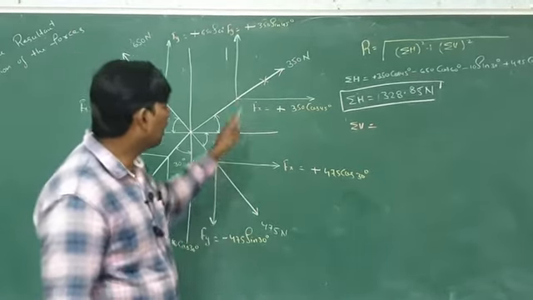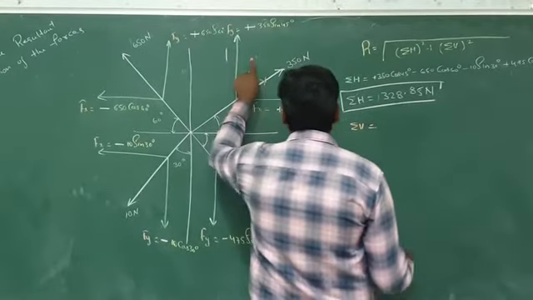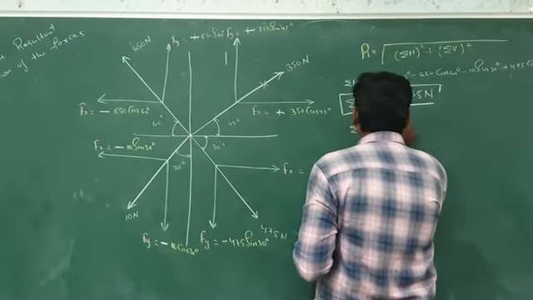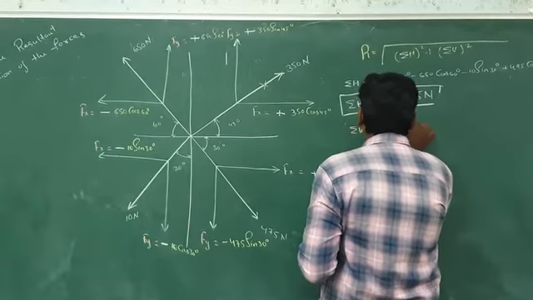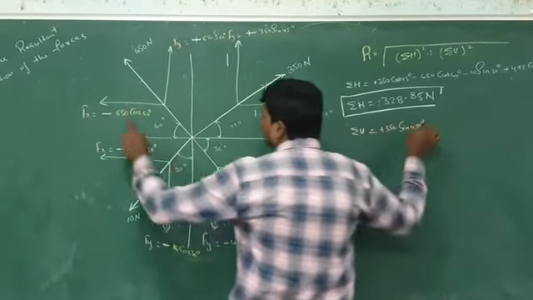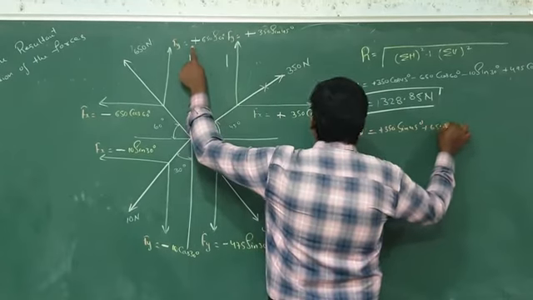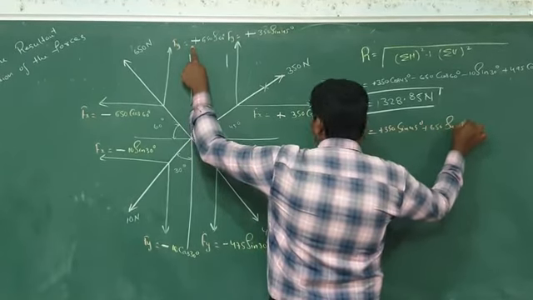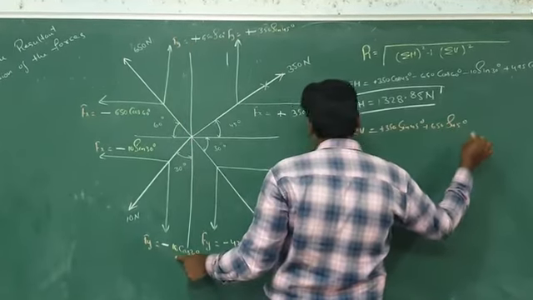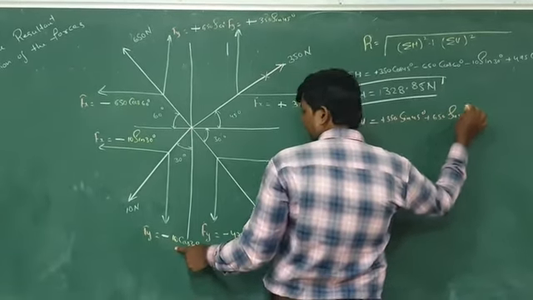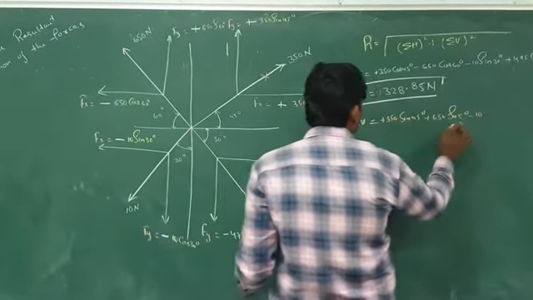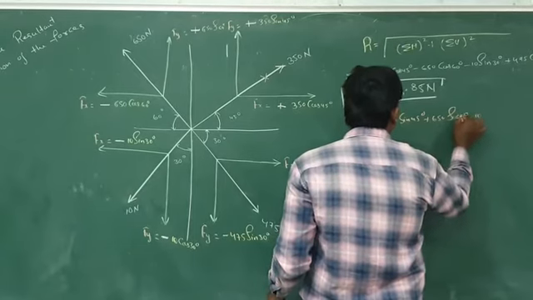So first one, see, vertical force, starting from here, first quadrant. How much is it? 350 sin 45. Next one is vertical. How much here? 650 sin 45. Next one is minus sin 60, right? This one is the sin 60.